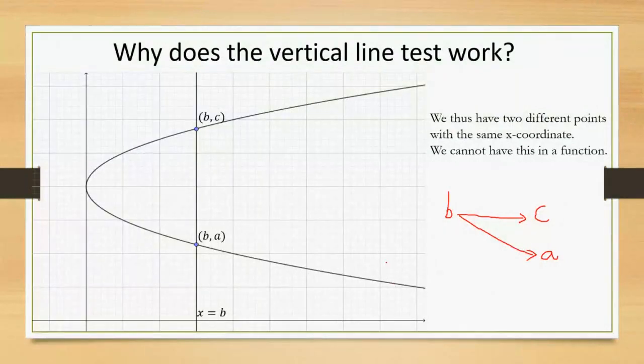B is an input, but it has different outputs, so that's impossible. For a function, that can't happen. That's the idea why the vertical line test actually works.